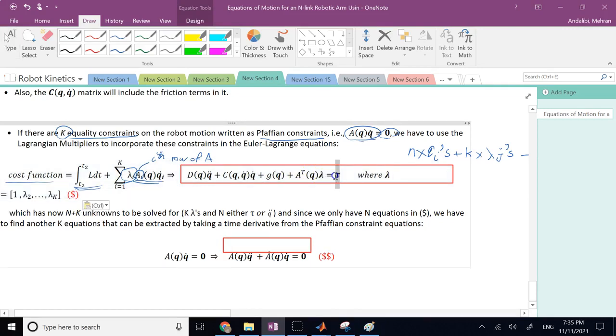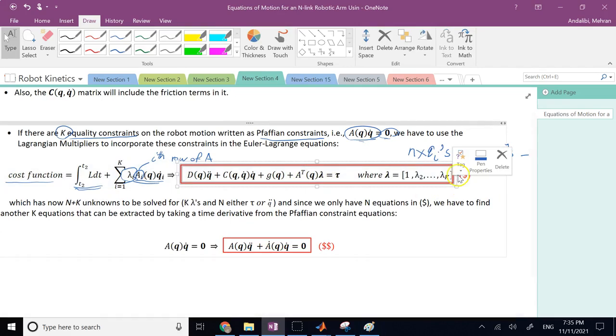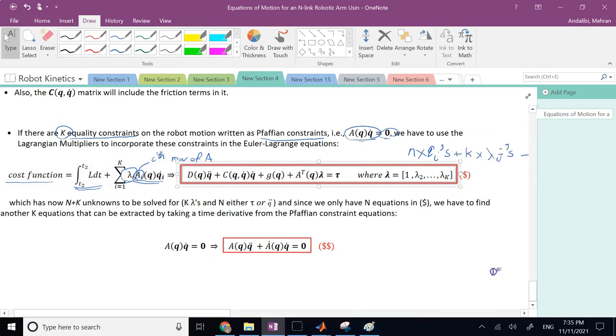But now what you need to do is add the extra term due to the second term in your cost function, and that is plus A transpose times the lambda vector. So this is the only term that you're adding. Here, this lambda vector is the vector of all of your unknown lambdas.